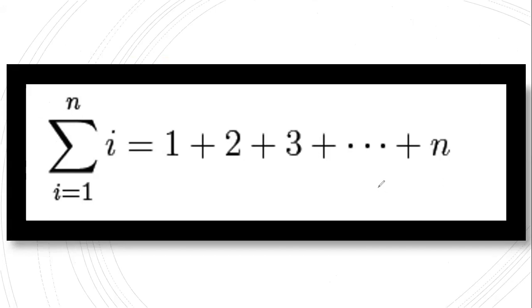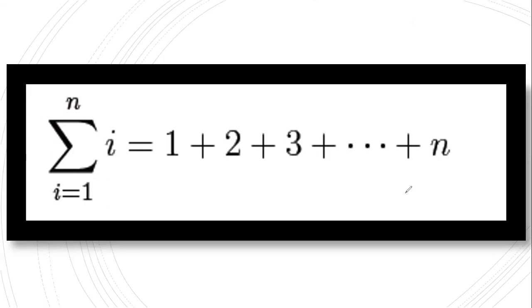if we have the summation of i where i ranges from 1 until n. As we observe, if we expand this, it can be written as when i is equal to 1, plus when i is equal to 2, plus when i is equal to 3, until when i is equal to n.